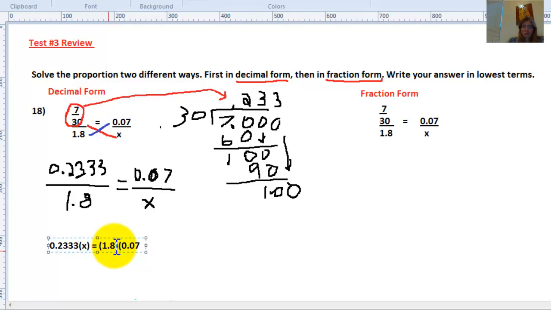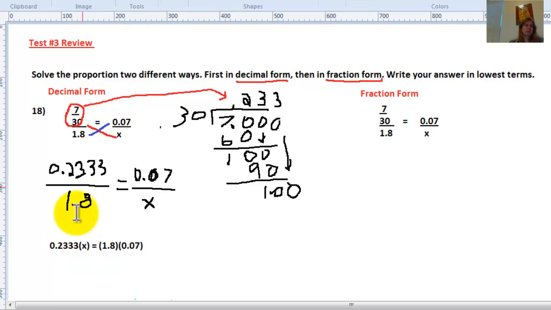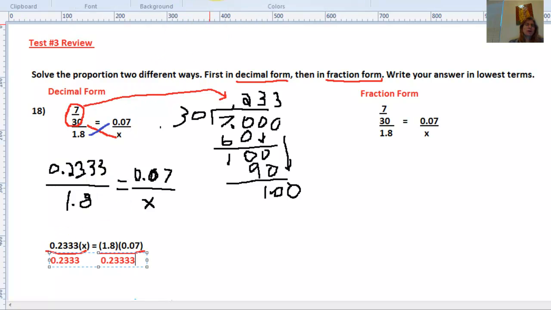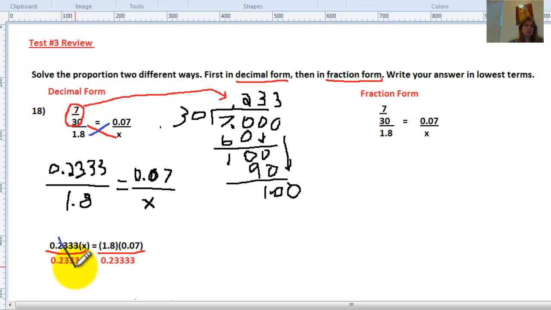Alright, so we're going to solve for x, and in order to do that, you rearrange the equation. So how you do that is you're going to divide both sides by the 0.2333. That will cancel it over here, because that number over itself will equal 1, so x is left alone. And then we just multiply these two and divide by that number to get our answer in decimal form.